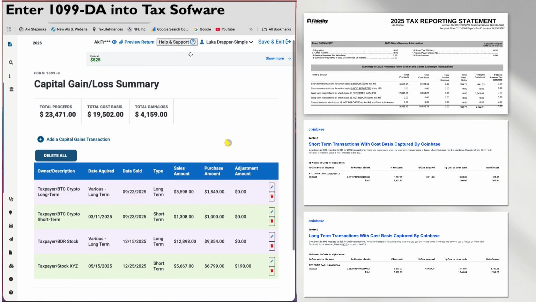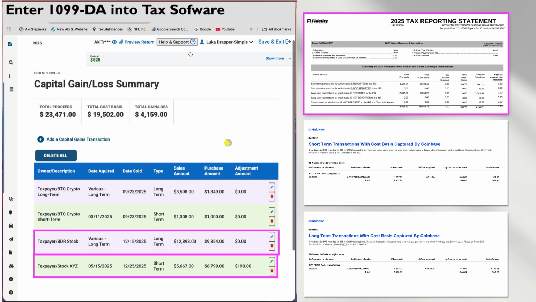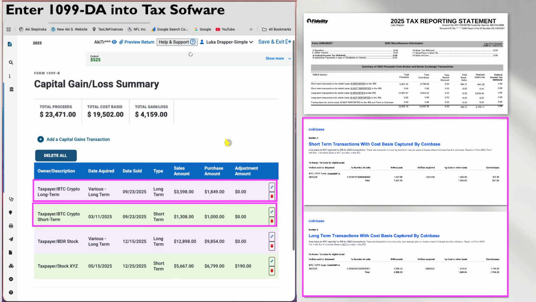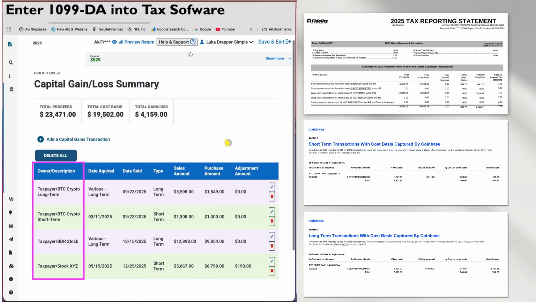In this example, I see 4 total transactions entered, 2 from 1099-B for stock sales and 2 from 1099-DA for crypto sales. For each transaction, I see the asset name, acquisition date, sell date, type of transaction, proceeds, and cost basis. At the top, you may also see the total capital gain or loss.